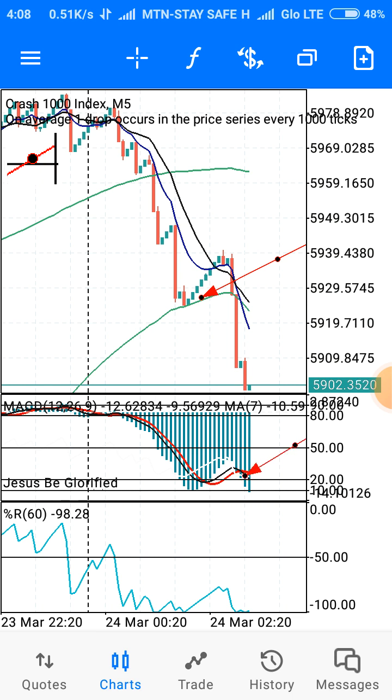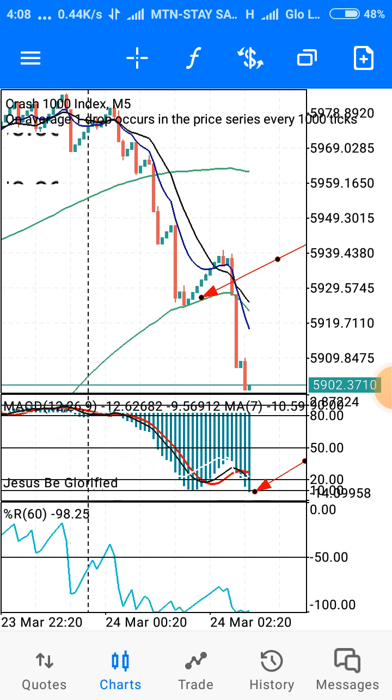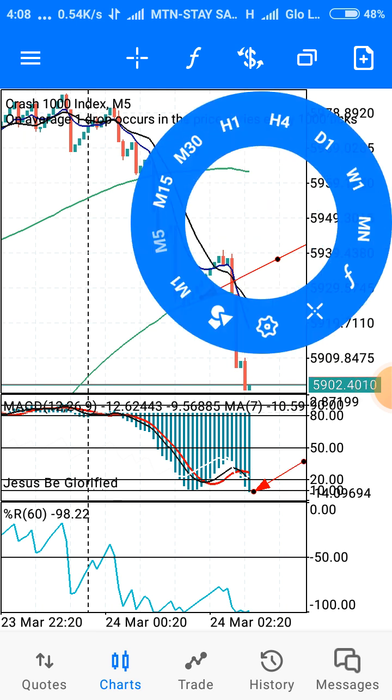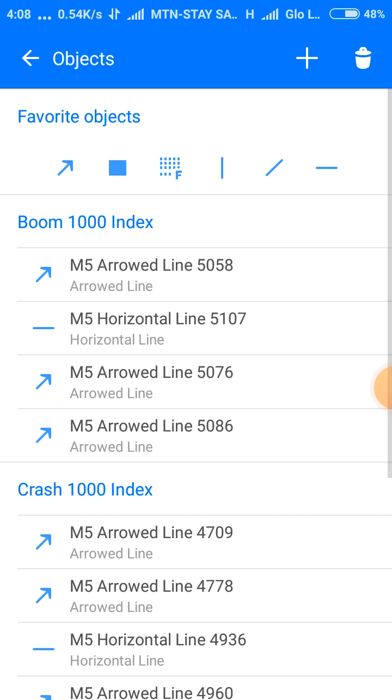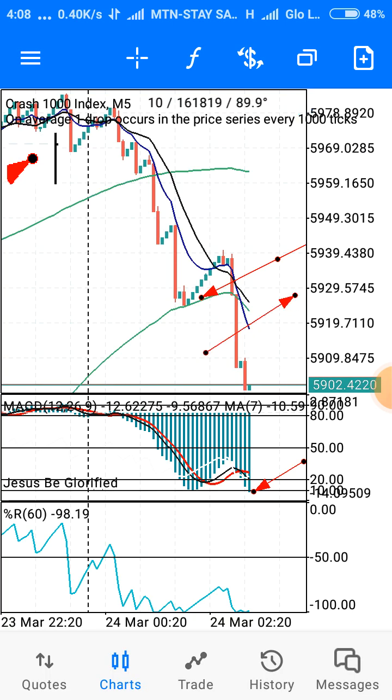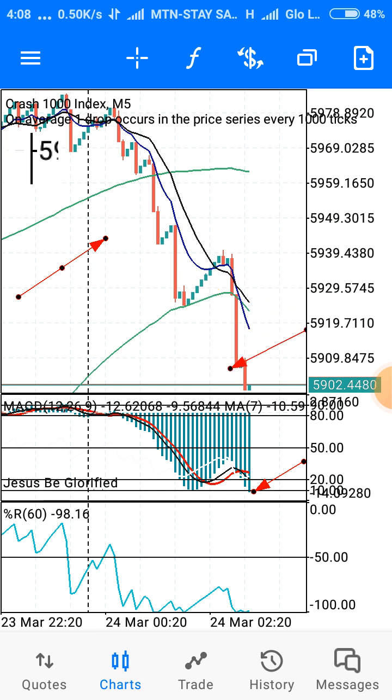We need this to come down a little, then make a cross upward, and then our price to move back into the band. We need our price to move back into the band at a later time, and with the cross of the moving average and price closing above it, we make our entry.